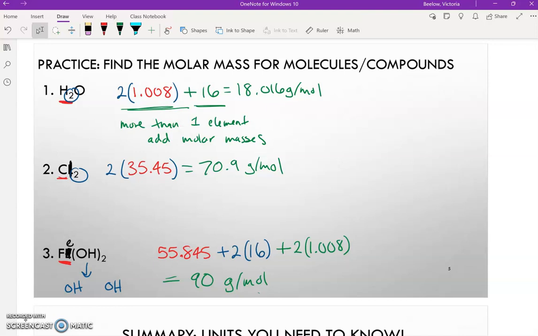Again, those decimal numbers on the front of the periodic table are the average atomic weight of all of those isotopes. However, it is also the molar mass, okay? And what that means is that number tells you how many grams you have per mole of that particular substance.